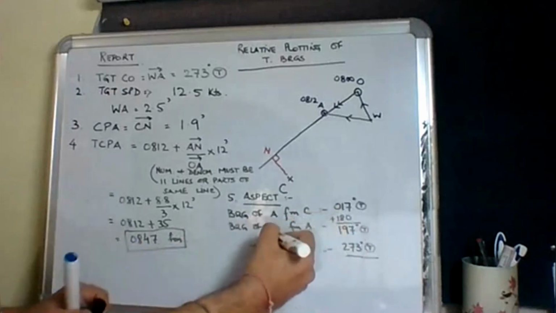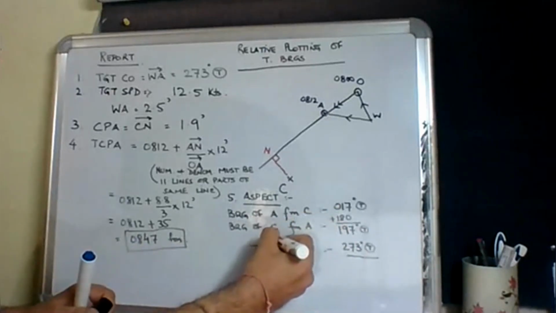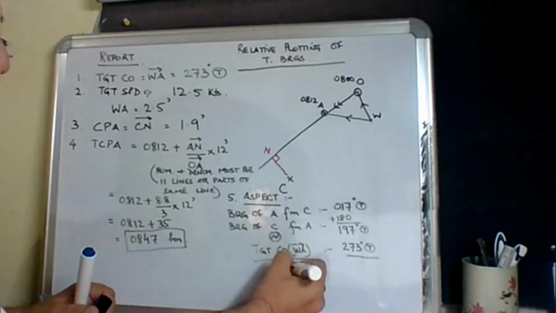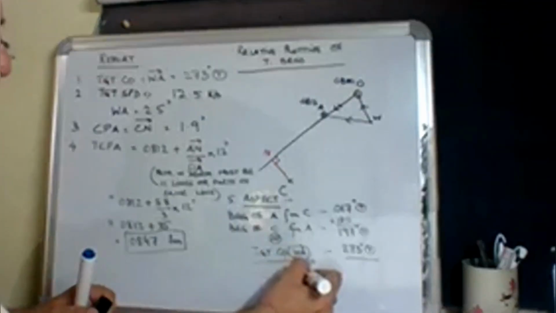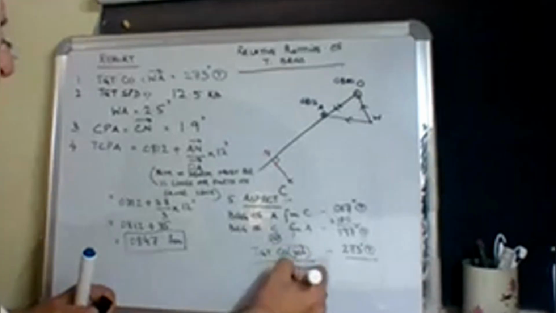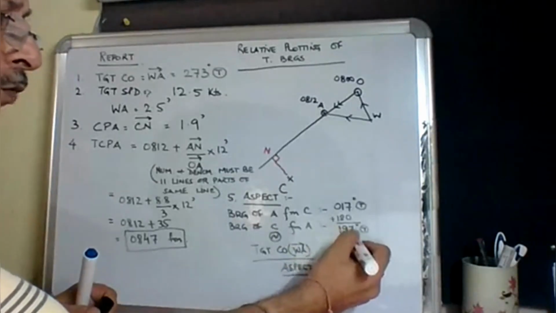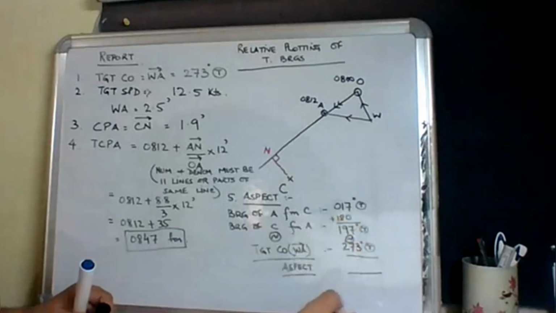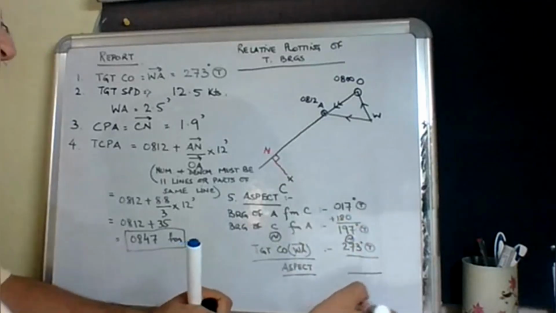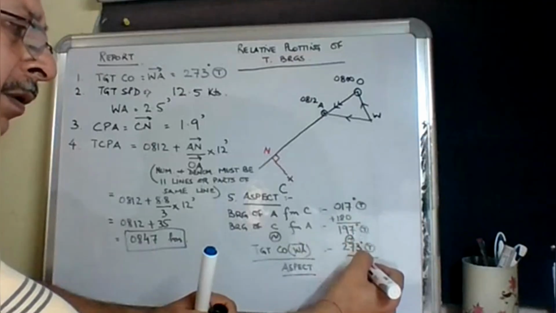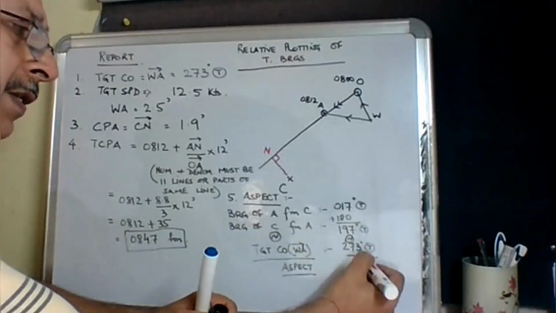Difference of the two figures will give me aspect. Difference of these two figures, whichever is greater, will give me aspect. 197 minus 273, the difference is 76.